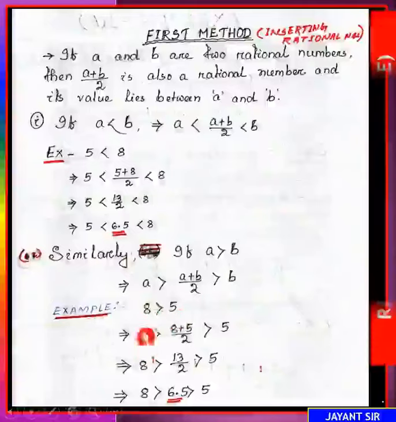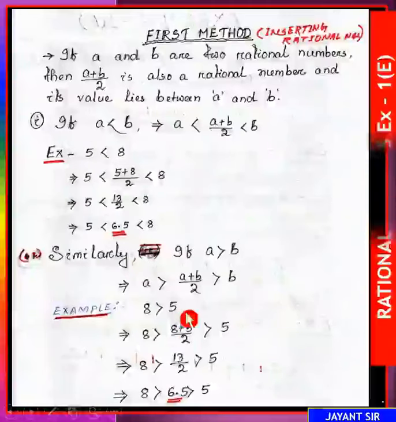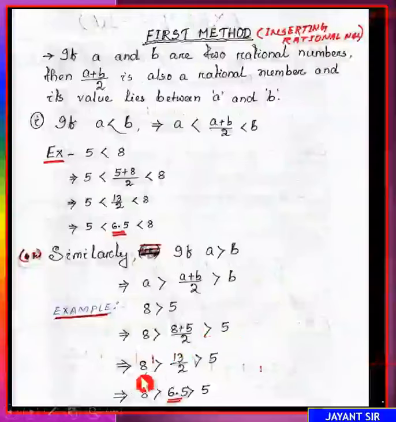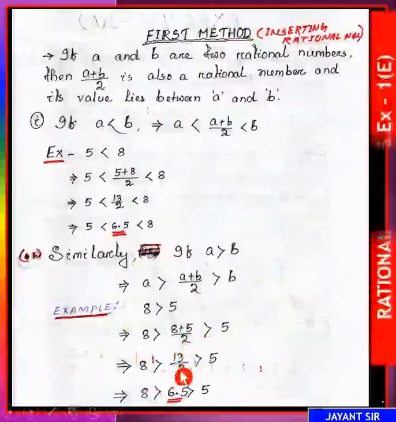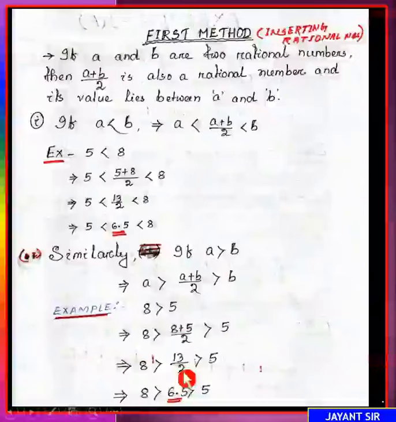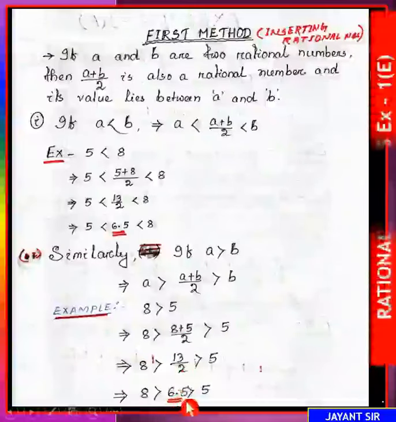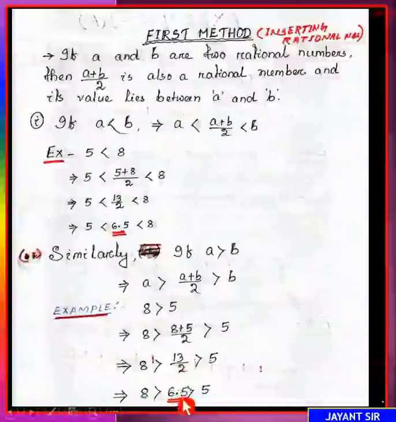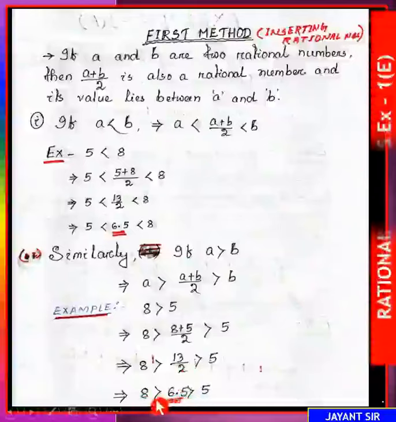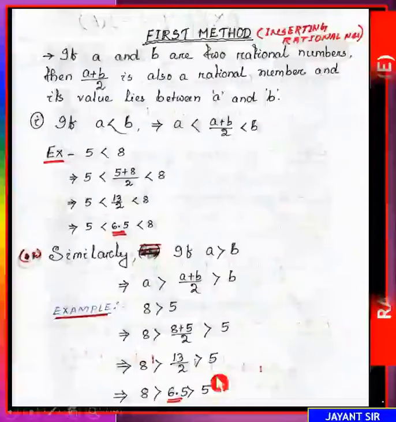So I can write 8 greater than 8 plus 5 divided by 2, then greater than 5. 8 greater than 13 by 2 greater than 5. 13 by 2 comes to 6.5. So this is the number between 8 and 5 that we got.